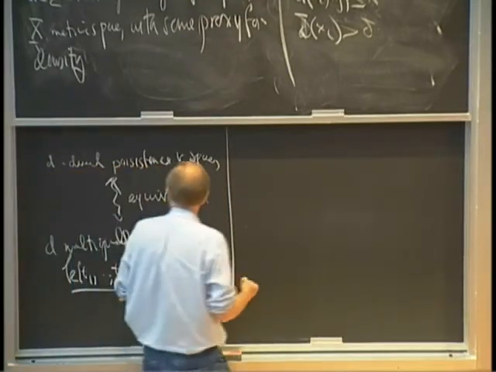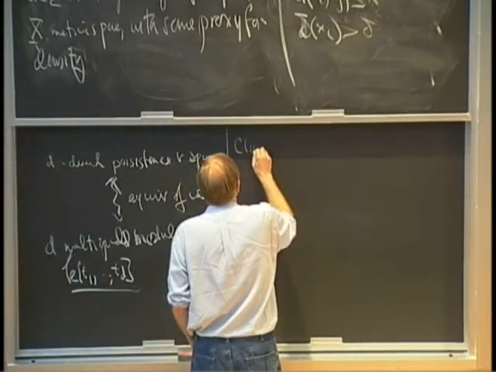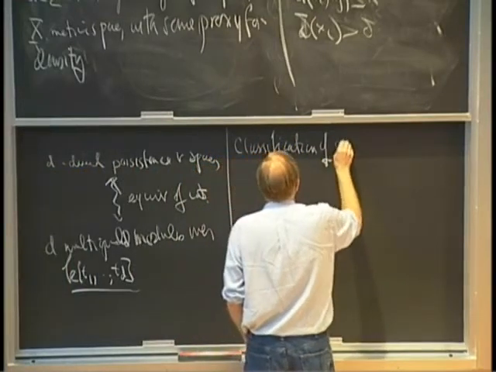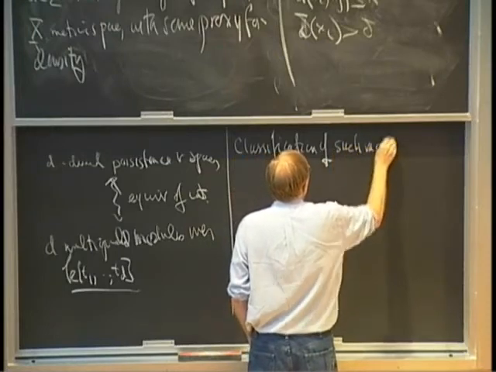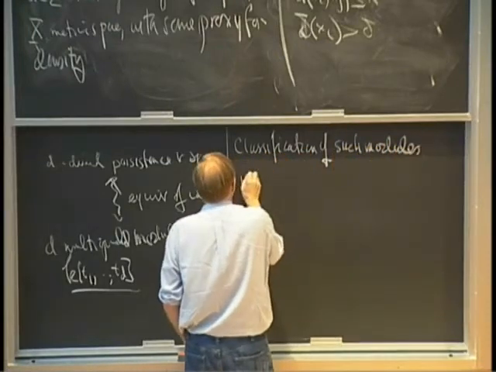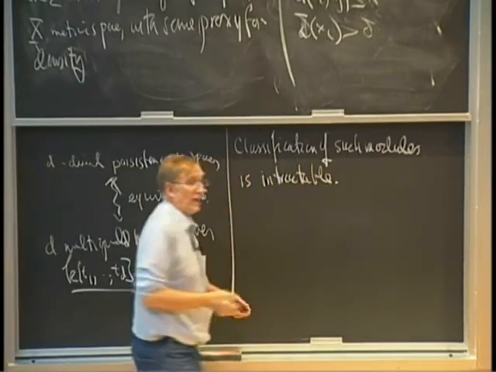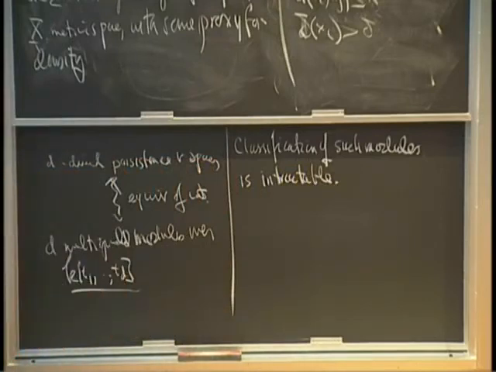So this classification of such modules is really intractable. In fact, you find that the classification depends in an essential way on the structure of the ground field k, which is another principle that we'd really like things to be independent of. Okay, so that at least tells us we've got a difficult problem here.